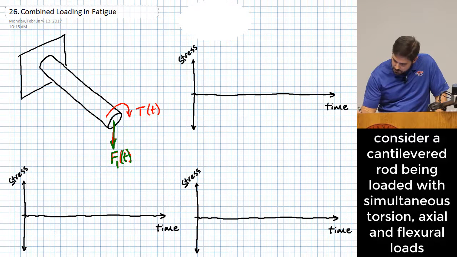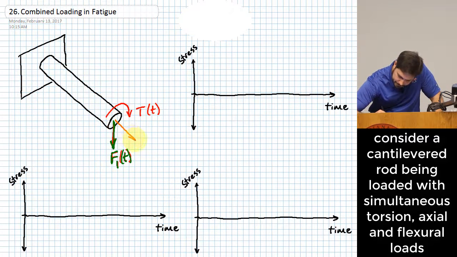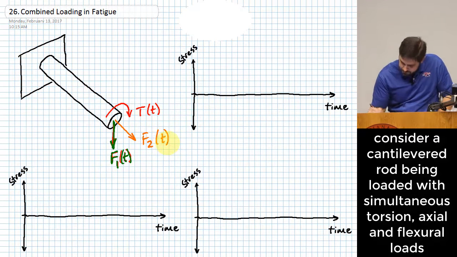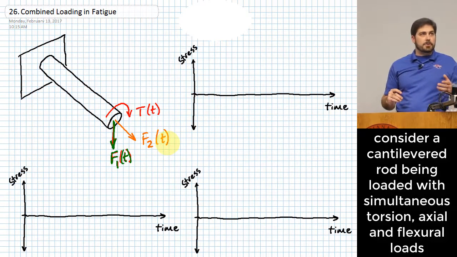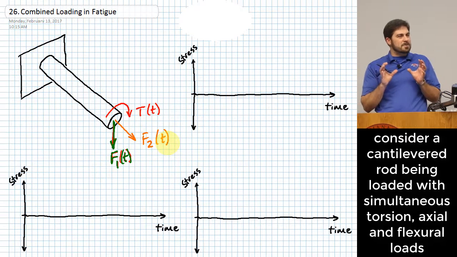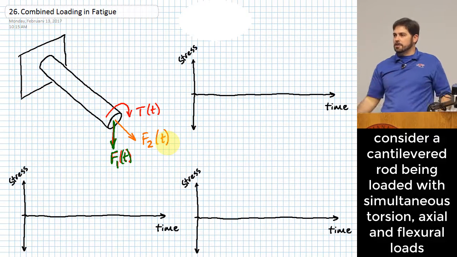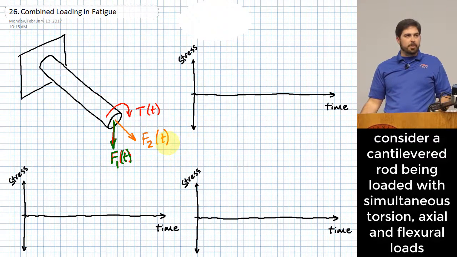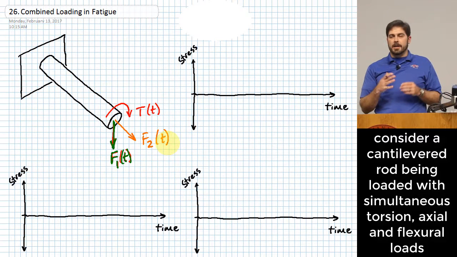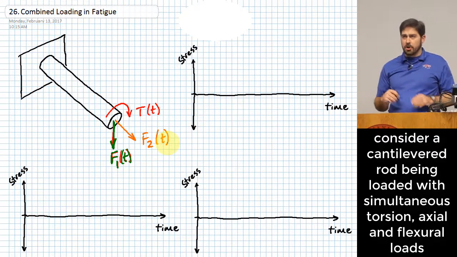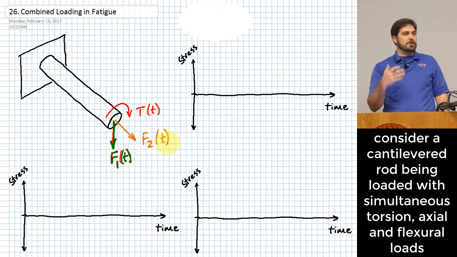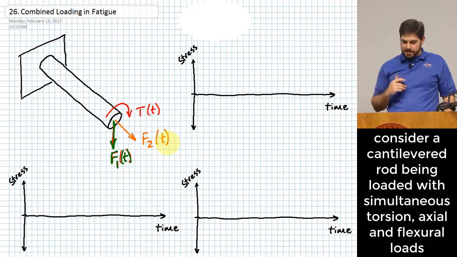So let me code that one sort of in orange. All right, so these are the types of load that we see happen on parts on a fairly regular basis. Many, many types of load can be boiled down into these three different categories. And we've actually already dealt with equations, and we've even done example problems in here for each of these possibilities: flexure, torsion, and axial.